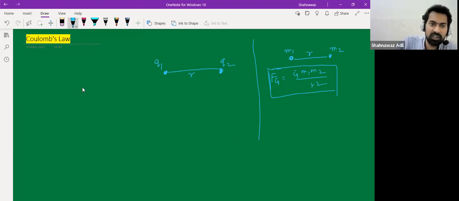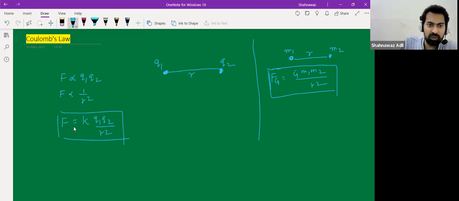Coulomb stated that the force between these two charges is directly proportional to the product of the charges and inversely proportional to the square of the separation. When you remove the proportionality, there is a constant term K, so the force is K Q1 Q2 by r square. This is Coulomb's law of electrostatic force.